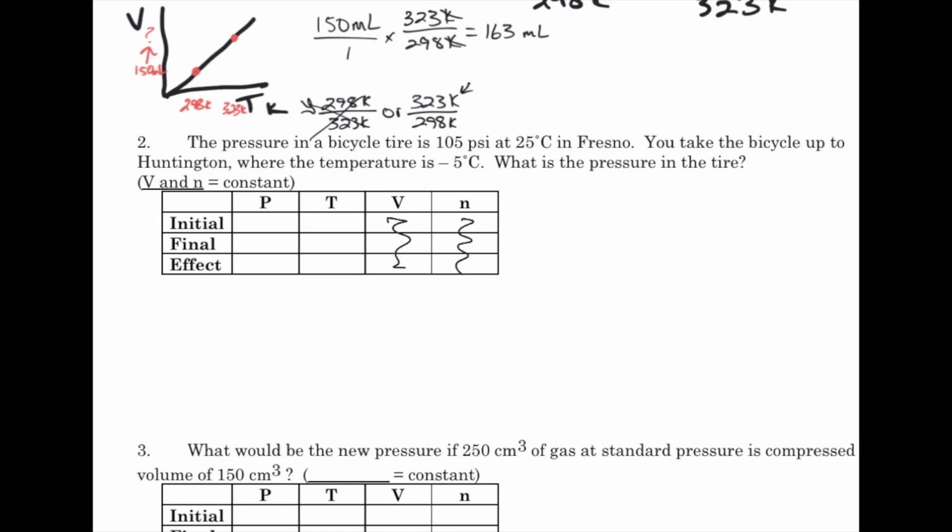So we're looking at a law that has a relationship between pressure and temperature in Kelvin, and we know that is a direct relationship. Now let's look at the particle diagrams. We have a particle diagram in Fresno of 298 Kelvin and 105 psi.